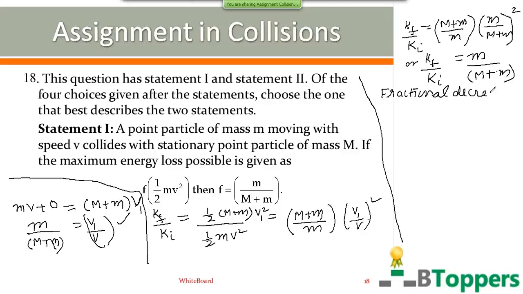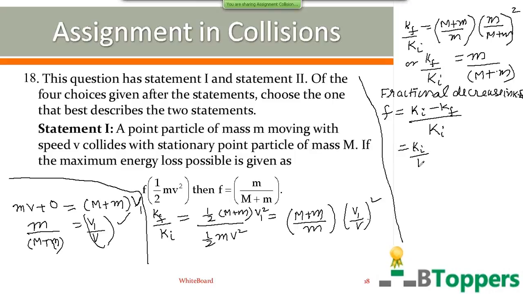So the fractional decrease in the kinetic energy due to the collision is equal to the actual decrease in the kinetic energy during the collision divided by the initial kinetic energy. So the actual decrease in the kinetic energy during collision is equal to Ki minus Kf, divided by the initial kinetic energy, which gives you the fractional decrease in the kinetic energy.